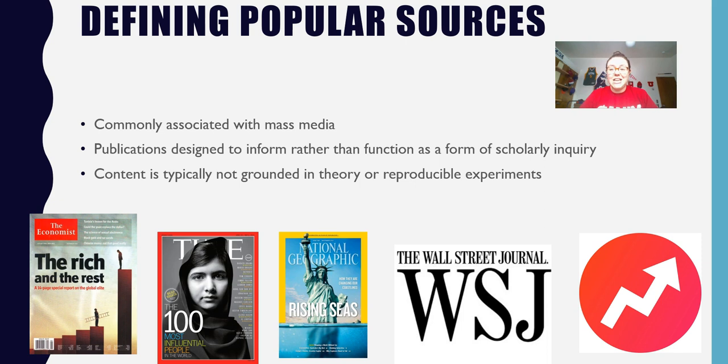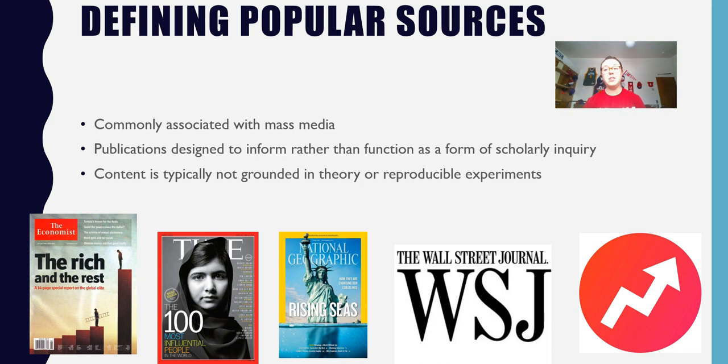Also the content itself, because it is more report-based writing as opposed to inquiry-based writing, it's typically not grounded in theory or reproducible experiments. So it's highly unlikely that if you're reading through The Economist or through Time, and they're writing on some kind of economic or scientific experiment, they're going to provide you, as the reader, a detailed description of the methodology.